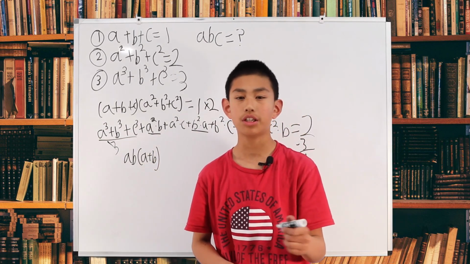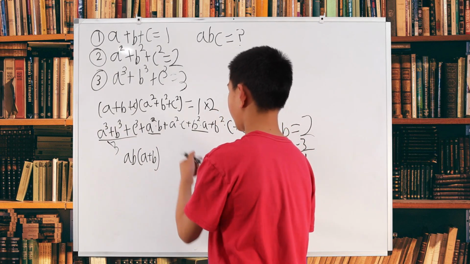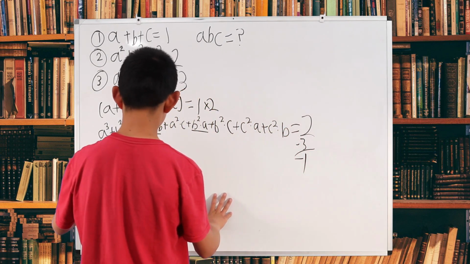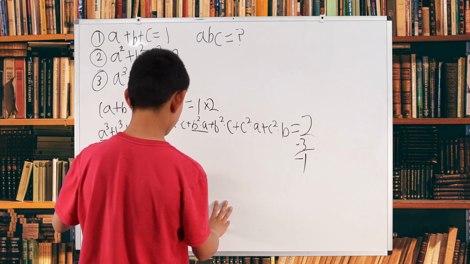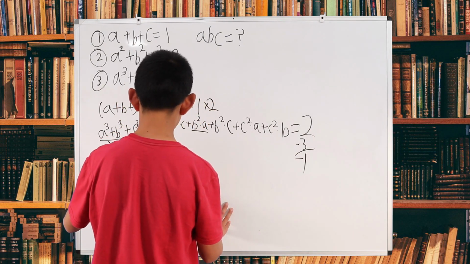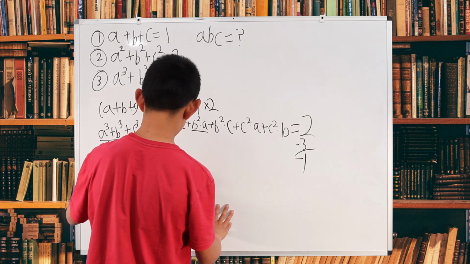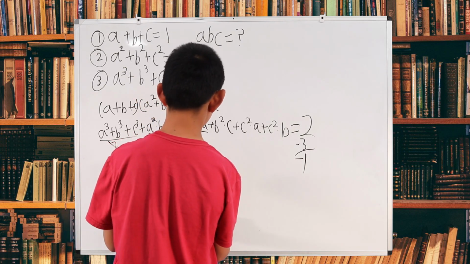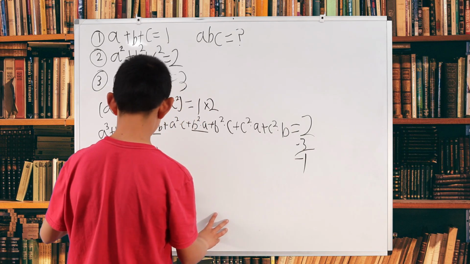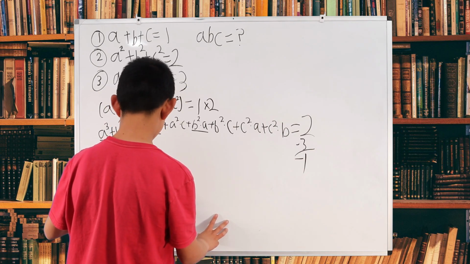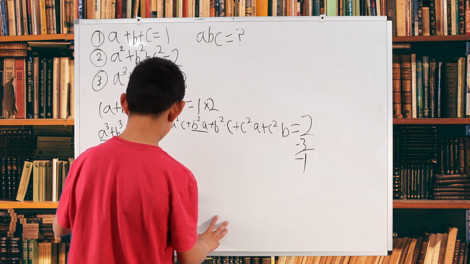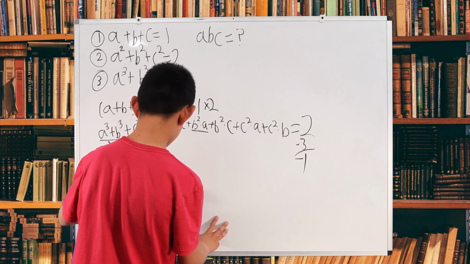Now we can do it with the other ones. So for a squared times c, that's going to be ac times (a plus c). And for the b and c terms, it's going to be bc times (b plus c).